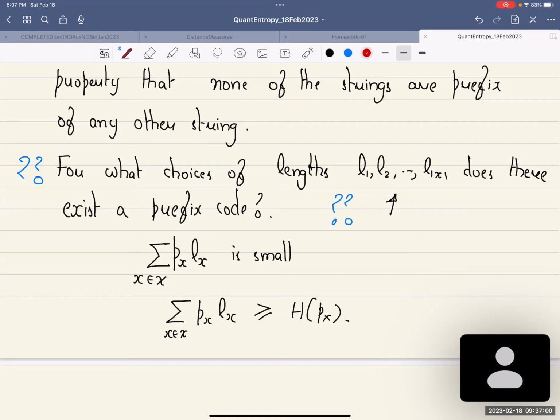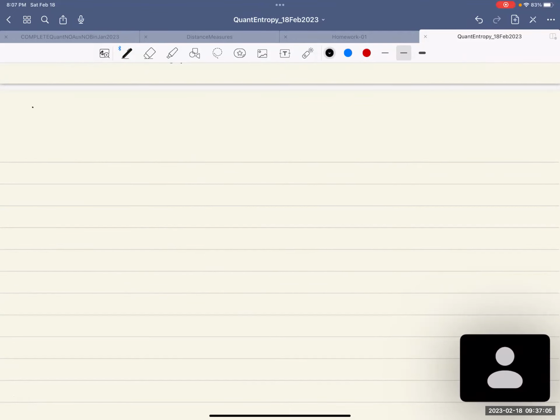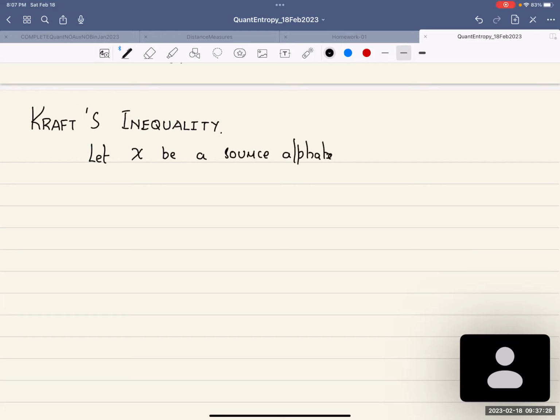It turns out there's a beautiful theorem, called Kraft's inequality. Very small but very nice result. Let X be a source alphabet with cardinality of X symbols.